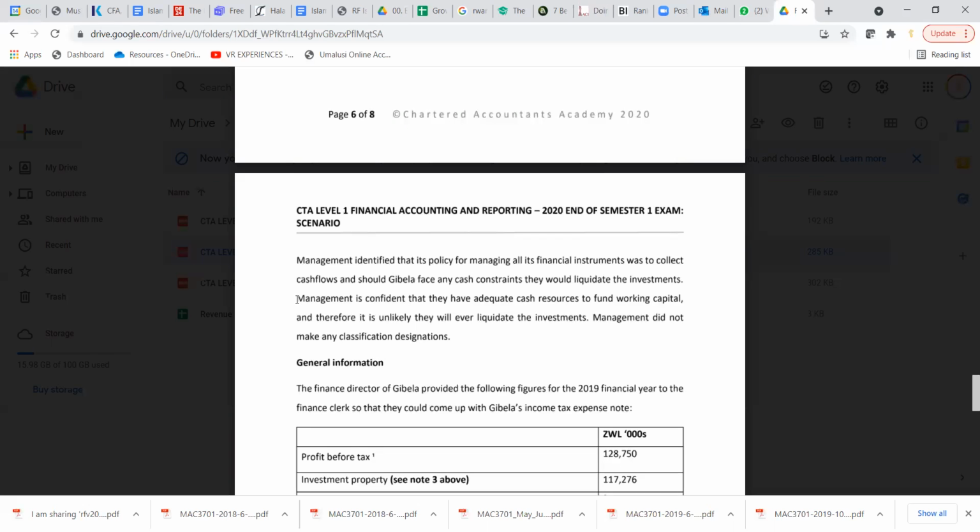Now you must say we need to go through the cash flow characteristic test. The cash flow characteristic test says that this would be a cash flow in terms of amortized cost if the cash flow purely has to do with credit risk and time value of money.